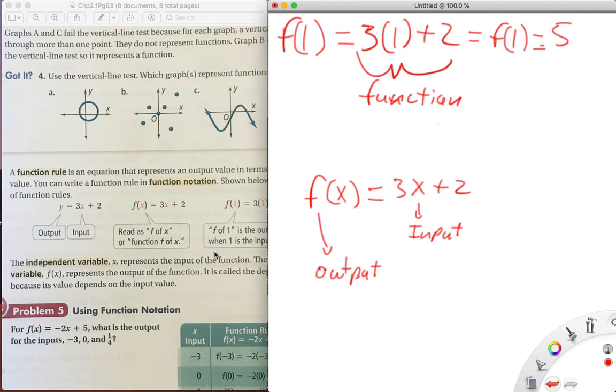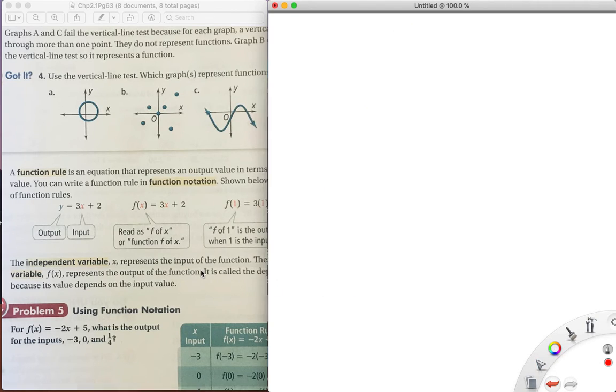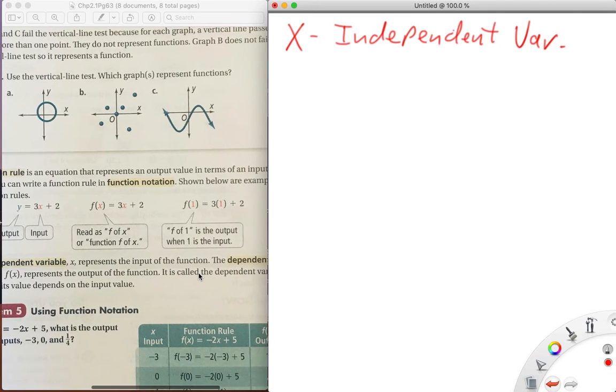Okay. We have something called independent variables and dependent variables. Your x values are your independent variables. What does that mean? It means that I can put whatever I want in there. They're independent.